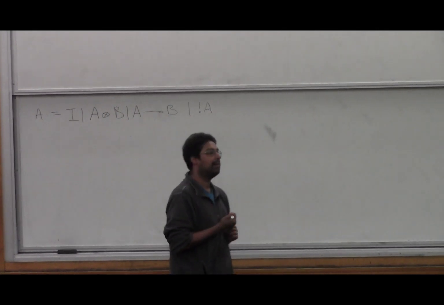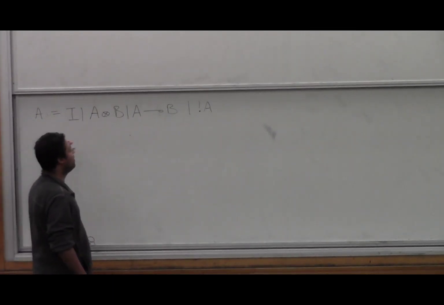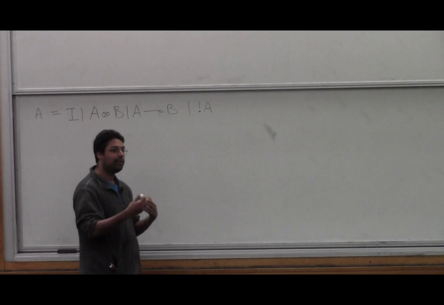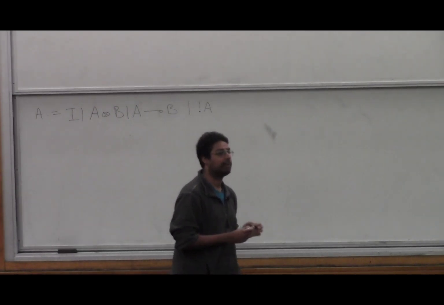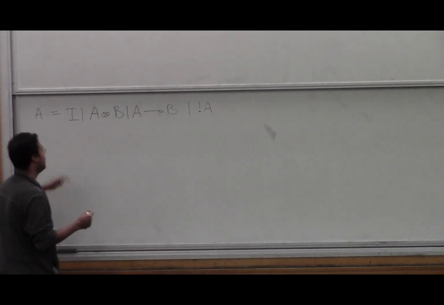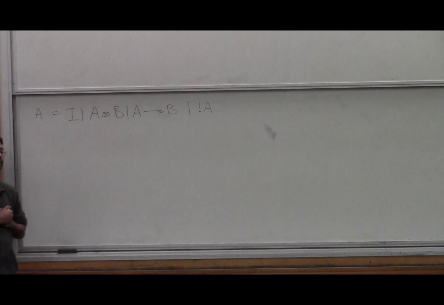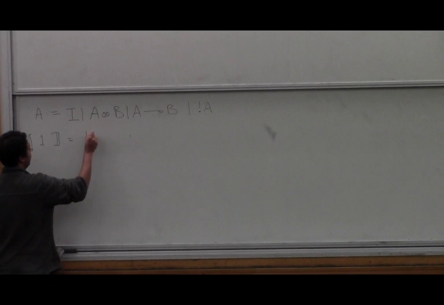And so the idea was that once you have a bang of A, you could use this to do a type encoding of intuitionistic propositions into linear logic. So what you would do is hit everything with bangs in all the appropriate places. The 1 I can encode as bang 1.